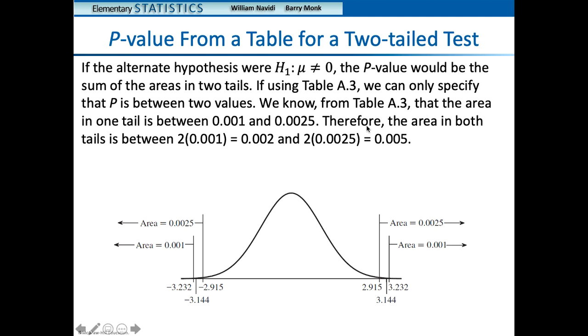It makes that statement right here: the area in both tails is between 2 times 0.001 or 0.002 and 2 times 0.0025 or 0.005.